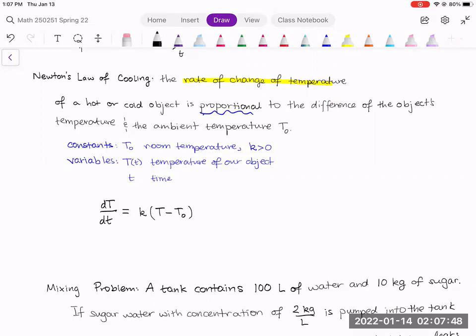So if our object is hotter than the ambient temperature, will the rate of change of our object be positive or negative? Pause for a moment and think.